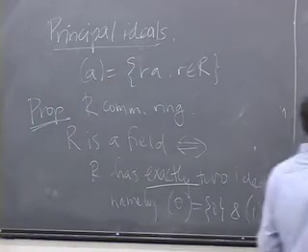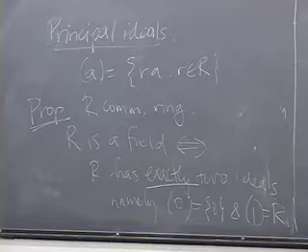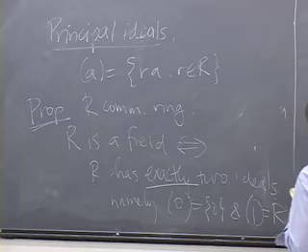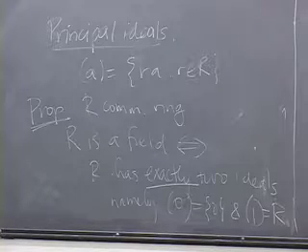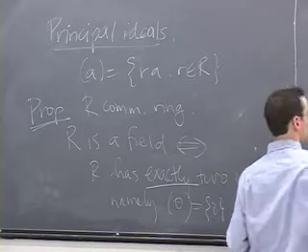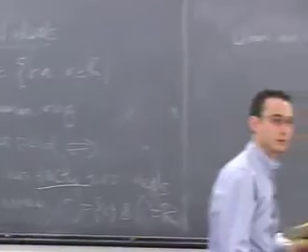So I hinted at a question a second ago, namely, when are ideals always principal? For what rings are ideals always principal? And the main tool there was the Euclidean algorithm.